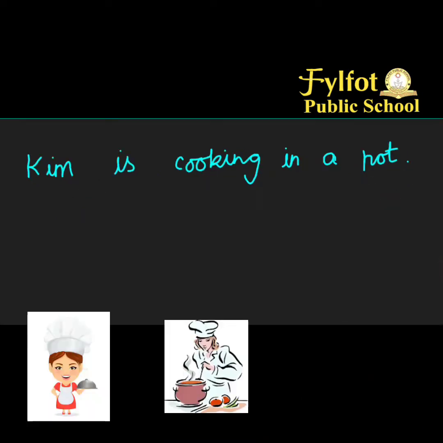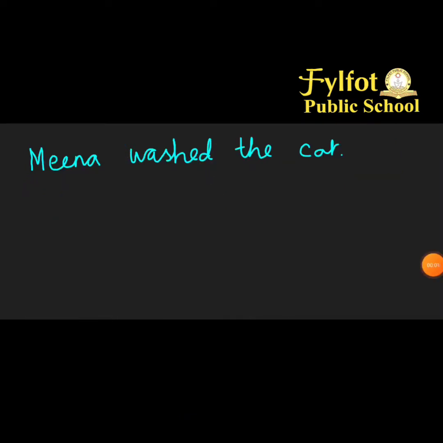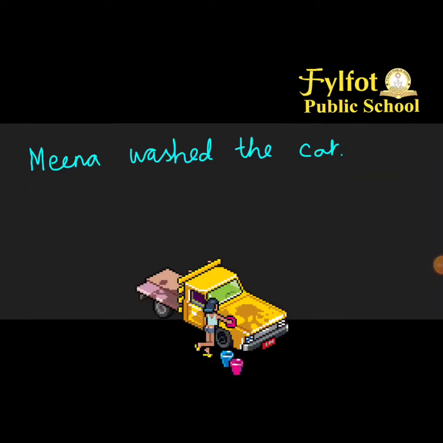Kim is cooking in a pot. Kim is a subject, cooking is a verb, pot is an object. Meena washed the car. Meena is your subject, washed is a verb, car is an object.